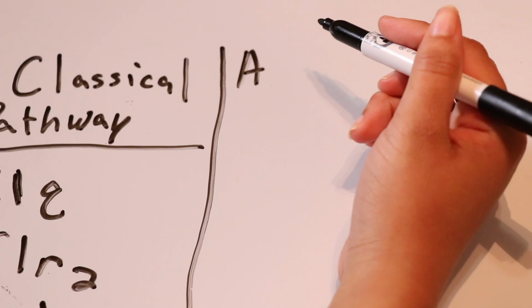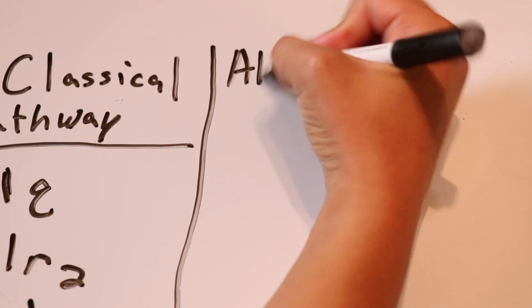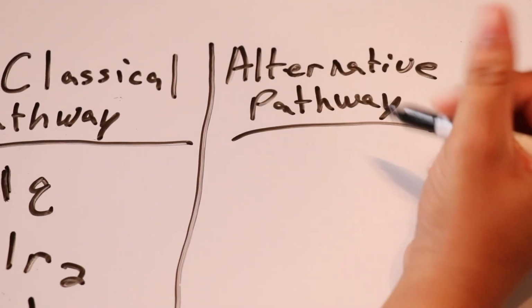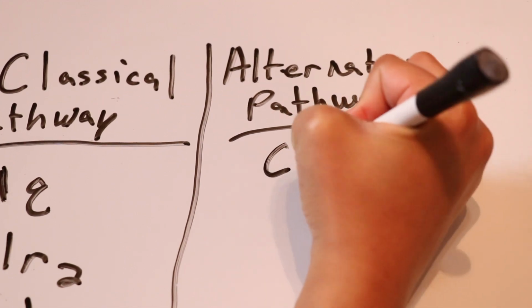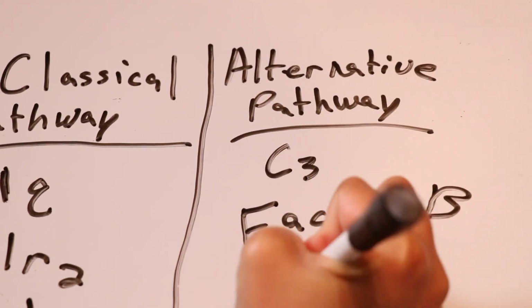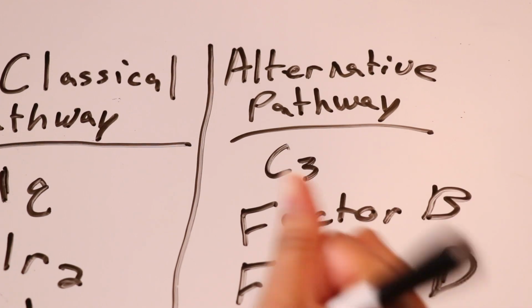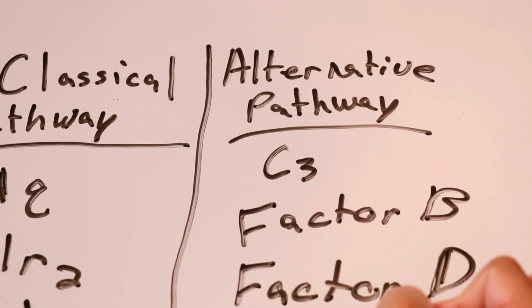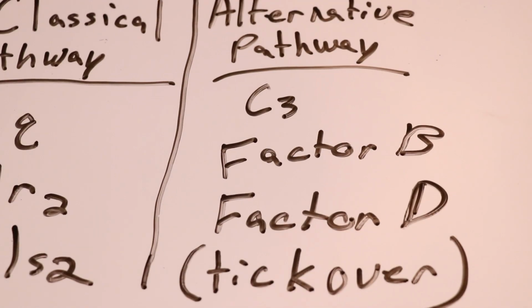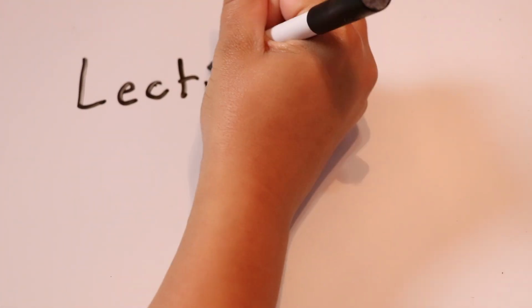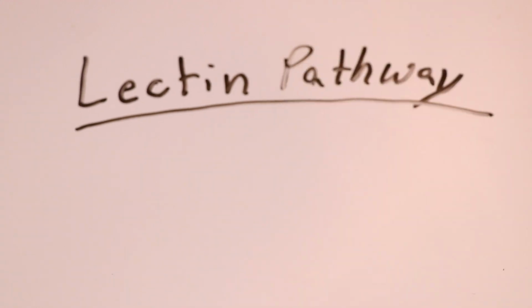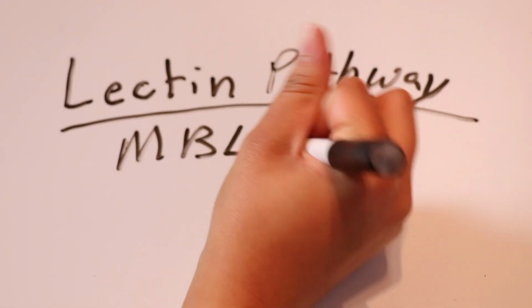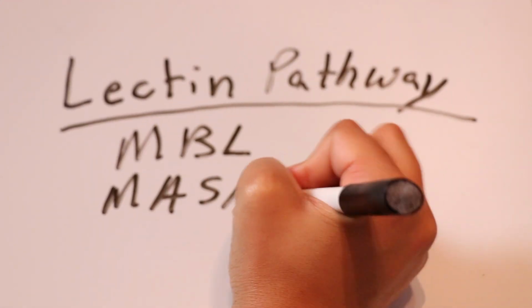For the alternative pathway, it could be C3H2O, big B, little b, and it could be factored by factors B and D. Okay, for the lectin pathway, it's going to have MBL, MASPs.